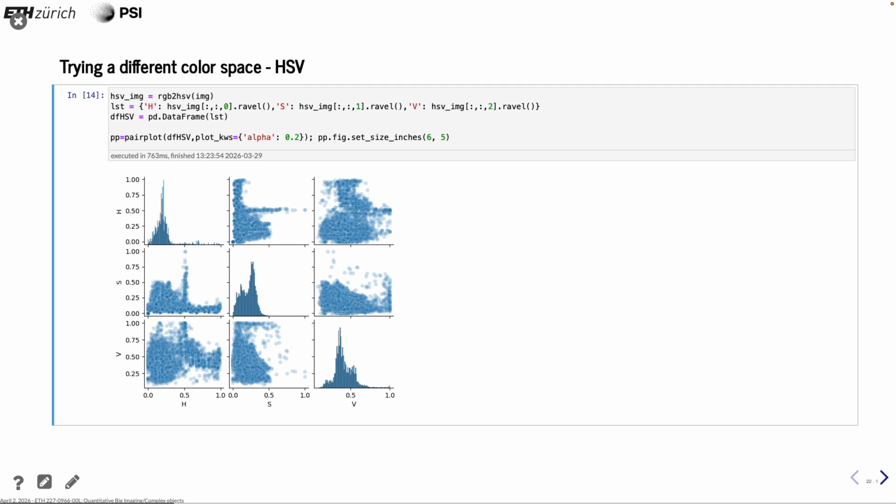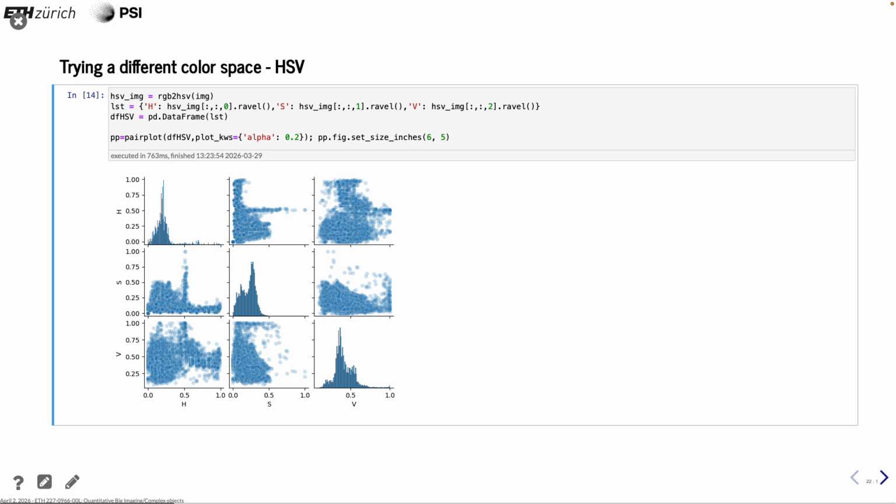We switch to a different color space, hue, saturation and value, which is a different way of representing colors. In principle, the spectrum is an angle, and you get your colors as an angle, either in 360 degrees, 2 pi, or even normalized 0 to 1.